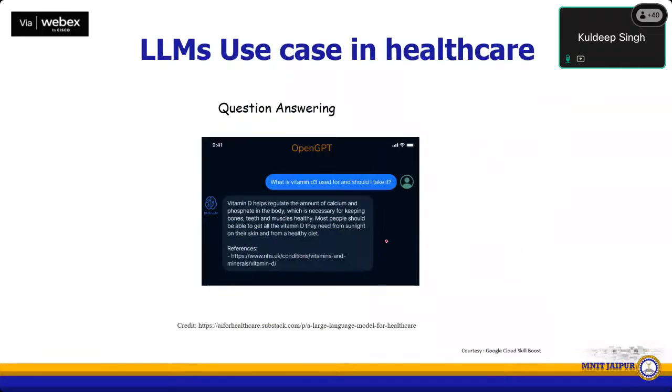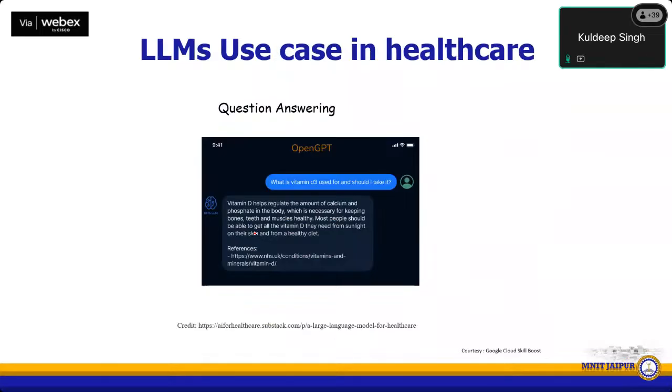Let's see another example, where a prompt is being given to OpenGPT: what is vitamin D3 used for, and should I take it or not? Now you can see here the NHS LLM, which is a medical LLM trained for the medical domain. It gives you an answer that vitamin D helps regulate the amount of calcium and phosphate in the body, which is necessary for keeping bones, teeth, and muscles healthy.